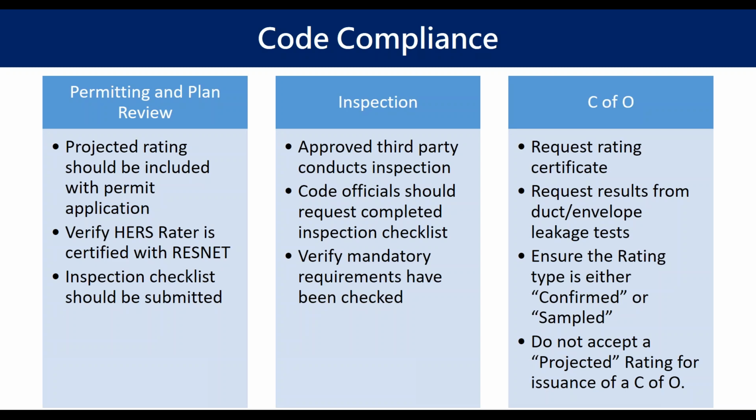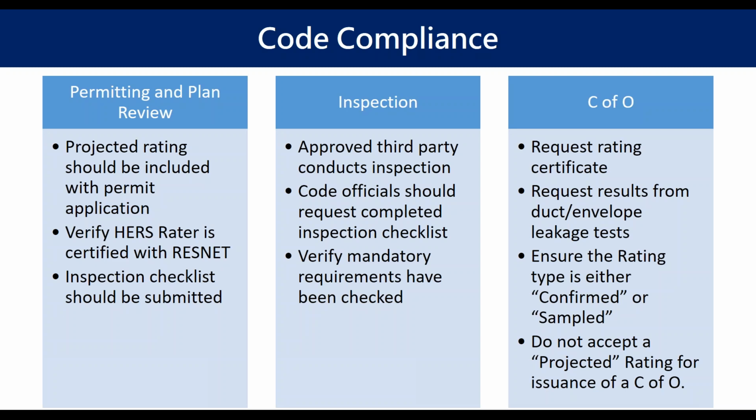You can also, during the permitting process, verify that the HERS rater that's listed has been certified with RESNET, and also expect them to submit an inspection checklist of what they're going to be checking for when they go out as a third party to verify compliance with the mandatory items as well as the items that were entered into the software.